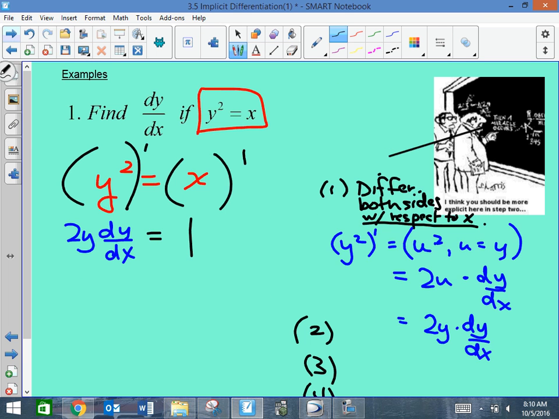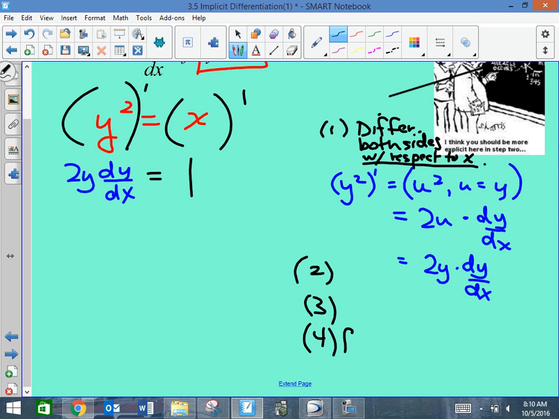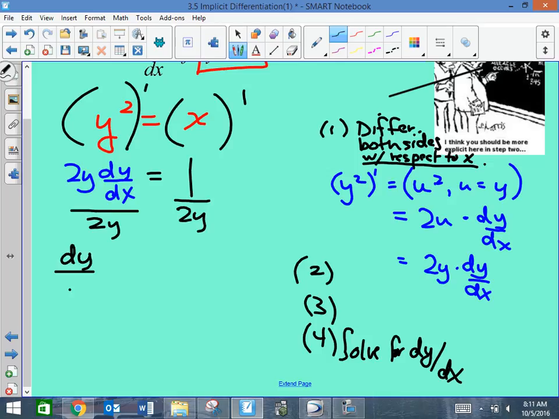So we're really skipping steps 2 and 3 in this case and solving for dy dx. Okay? So how do I get rid of the 2y that's multiplied? I divide. So dy dx, which is the derivative of y with respect to x, is 1 over 2y.